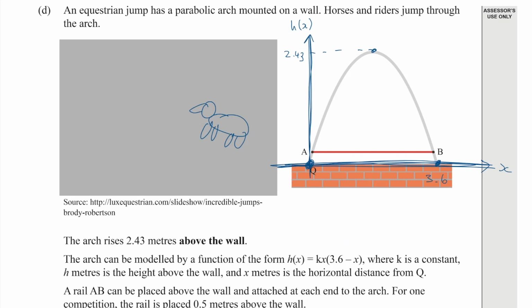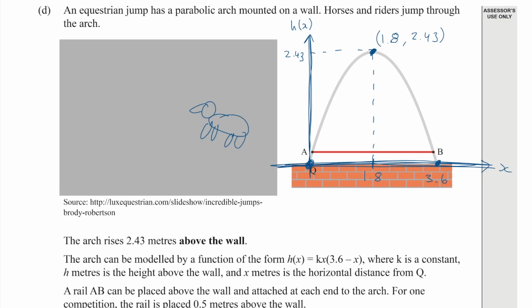So what would the distance from the origin be at this turning point here, at this peak? That would be halfway, or in this case 1.8. So we found a point, right? We know that this point at the top here is (1.8, 2.43).